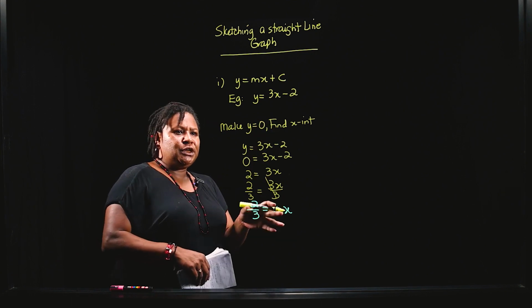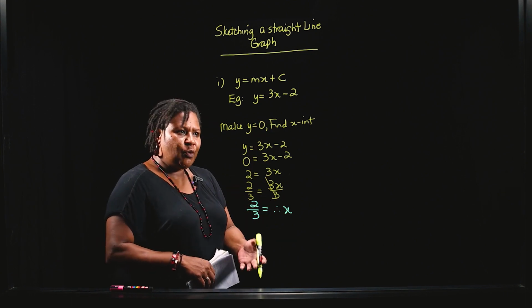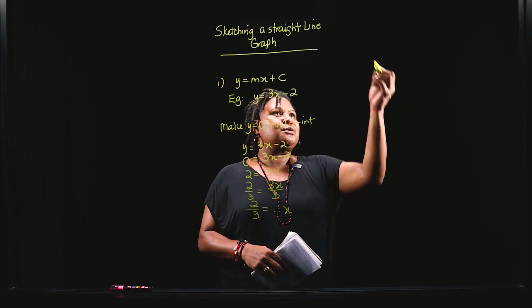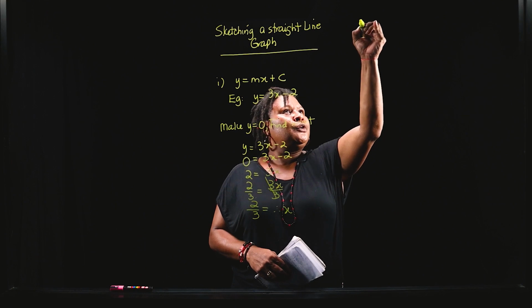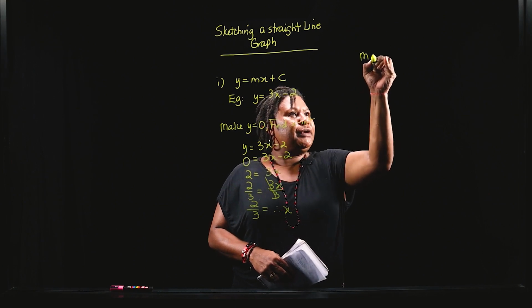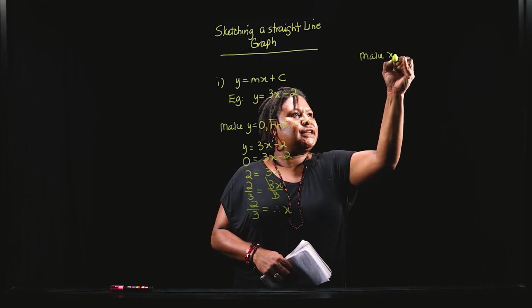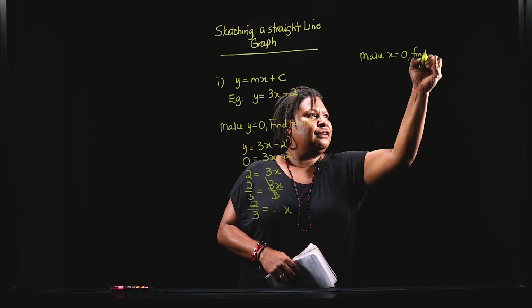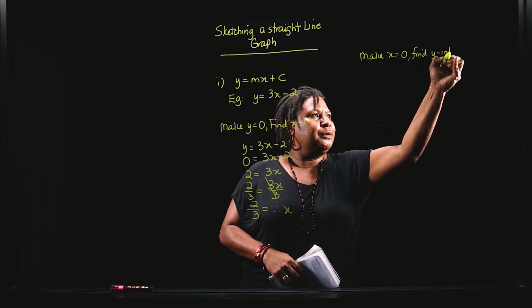The next point we need to find is the y-intercept. Now when we find the y-intercept, x will be 0. So we make x equal to 0 and we find the y-intercept.